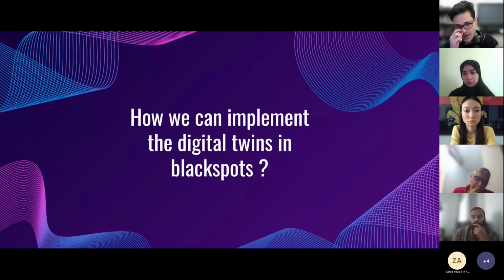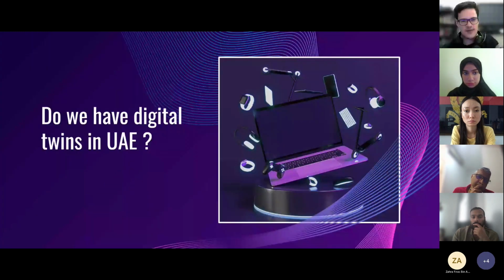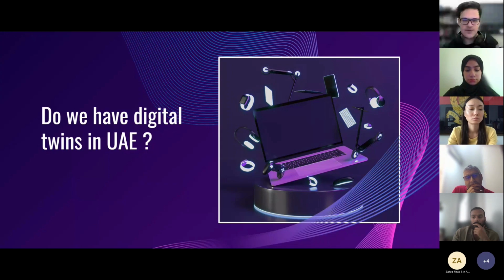Now, do we actually have digital twins? We've talked about the costs, we've talked about the risks of failure, but do we actually have it? And the answer is yes, we actually do. But the use of digital twins is not to manage traffic. The use of it is to look at interior designs and architecture.